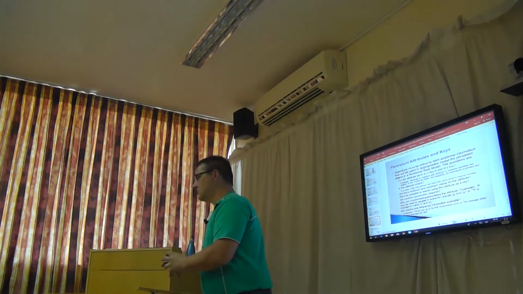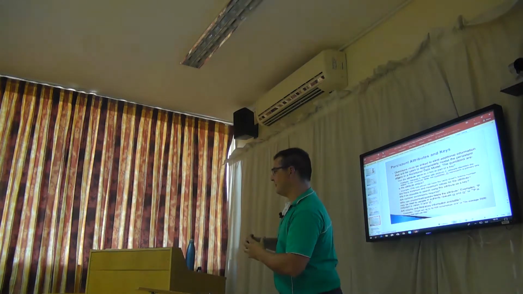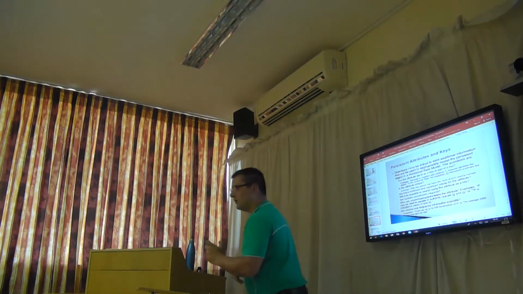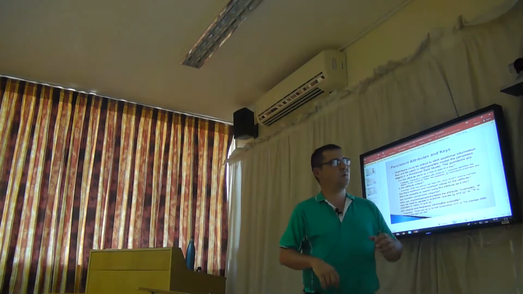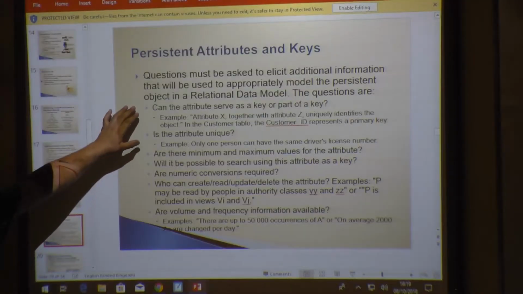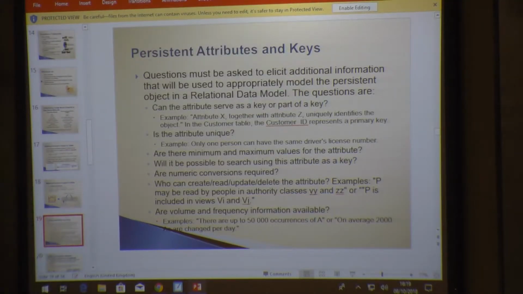In the university context, what uniquely identify you? Your student number. Okay, so it's an attribute that can serve as a key or part of a key. Then they're saying to us there as if we're looking at it, there's a custom ID that can be used to represent it.